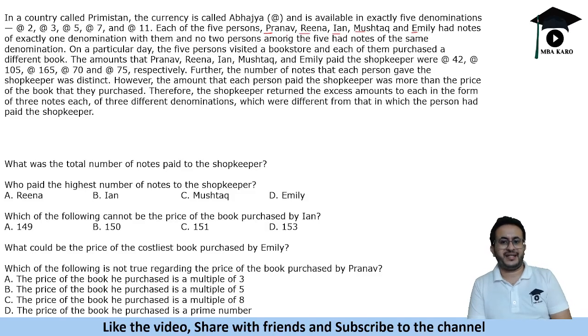On a particular day, the 5 persons visited a bookstore, and each one of them purchased a different book. The amounts that these people paid the shopkeeper were 42, 105, 65, 70 and 75. Further, the number of notes that each person gave the shopkeeper was distinct.